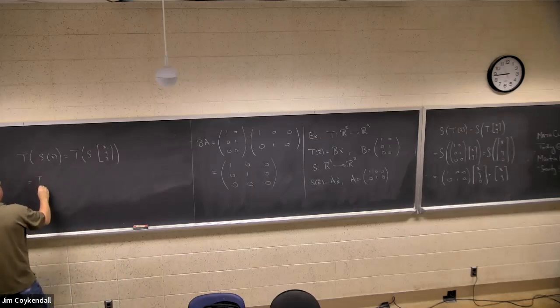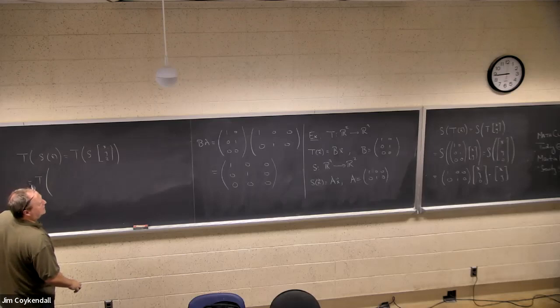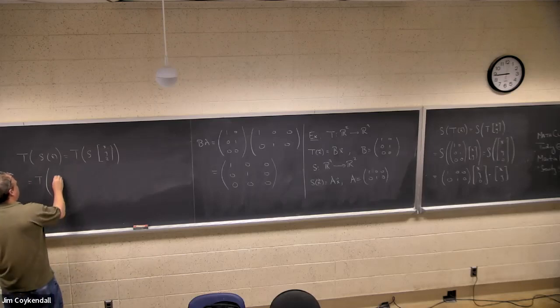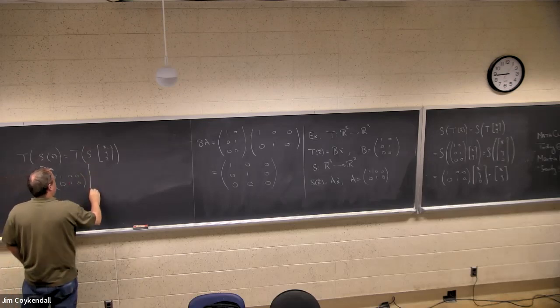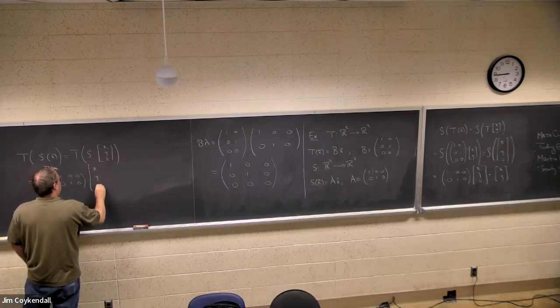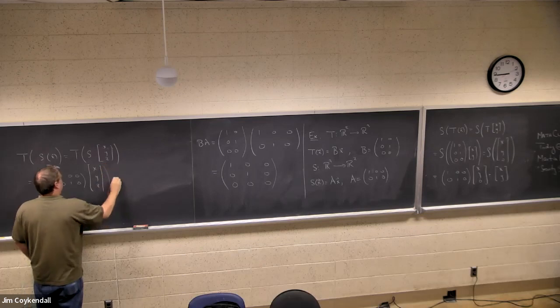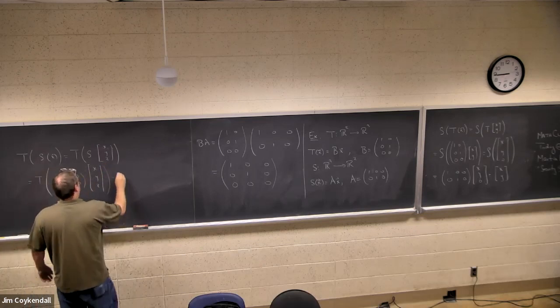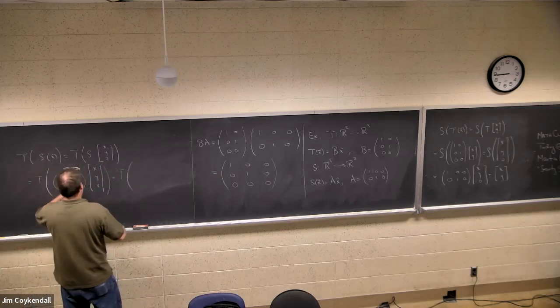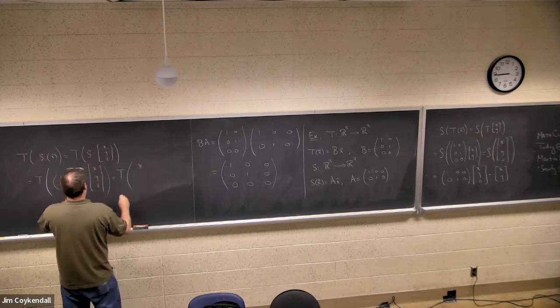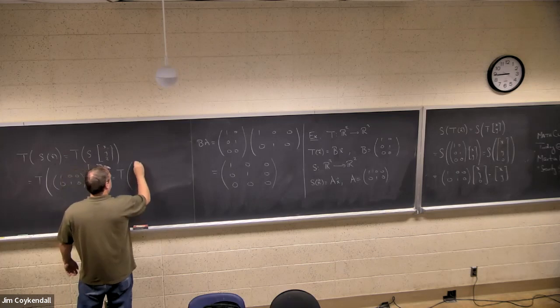So this is T. S was multiplication by A. So this is T of the vector x, y.